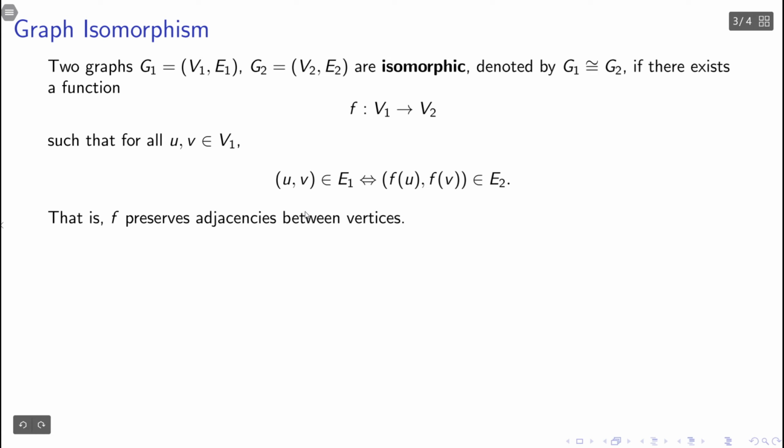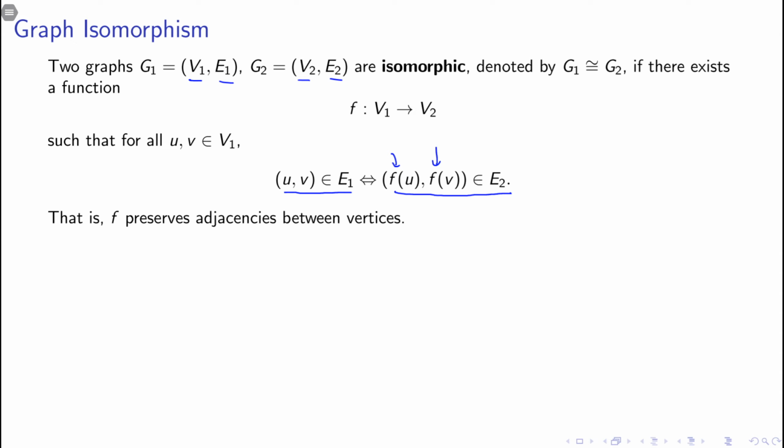Two graphs, G1 and G2, with vertex sets V1 and V2 respectively, and edge sets E1 and E2 respectively, are said to be isomorphic if there is some function f from V1 to V2 such that for any two vertices u and v in V1 that are connected by an edge in the original graph, they're also connected by an edge in the second graph G2, if you look at the action of the function f on your vertices u and v.